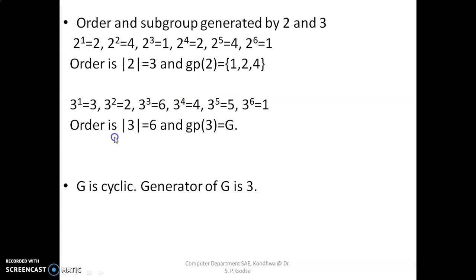So the order |3| is equal to 6 because you are getting 6 distinct elements, 1, 2, 3, 4, 5, 6, and after that it repeats. So the order is 6 and the group generator is 3. So G is cyclic, and the generator of G is nothing but 3 in this case.